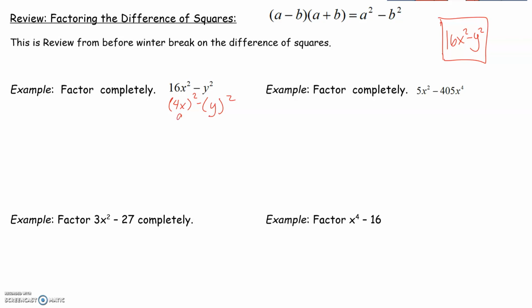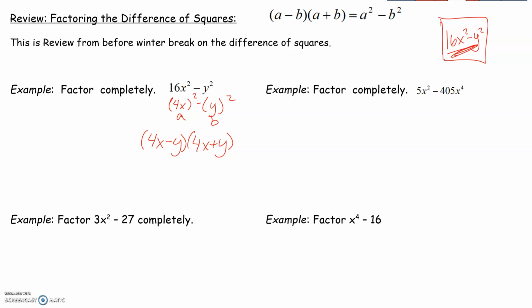So this is A, this is B. If I substitute into this formula, we would end up with 4x minus y and 4x plus y, and that would be a difference of squares, because if we were to FOIL this back out or use the area model, it would give us the area on the inside, so 16x squared minus y squared.